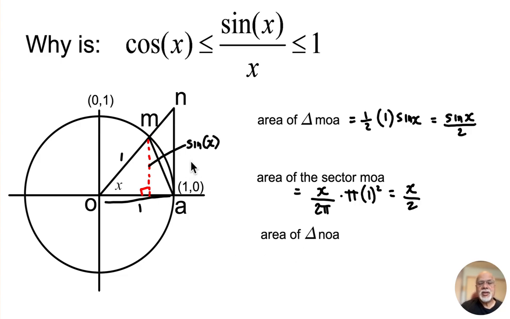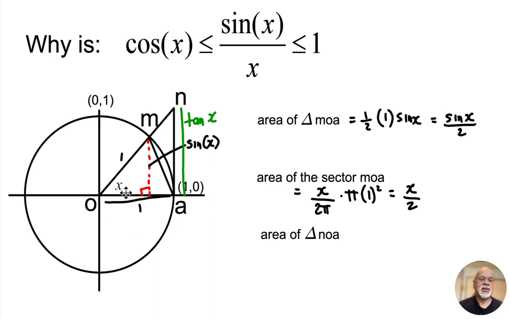And if we take a look at the area of triangle NOA, N being the extension of the radius here from O to M, in that triangle, which is also right angled, the height right here would just be the tan of the angle x, right? The tan of x is the opposite side, which would be this height, divided by 1.